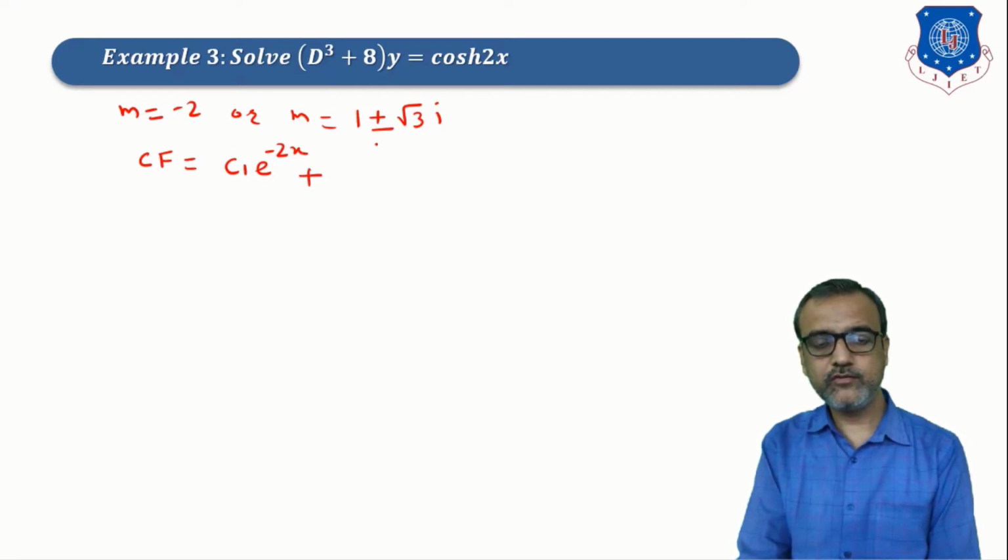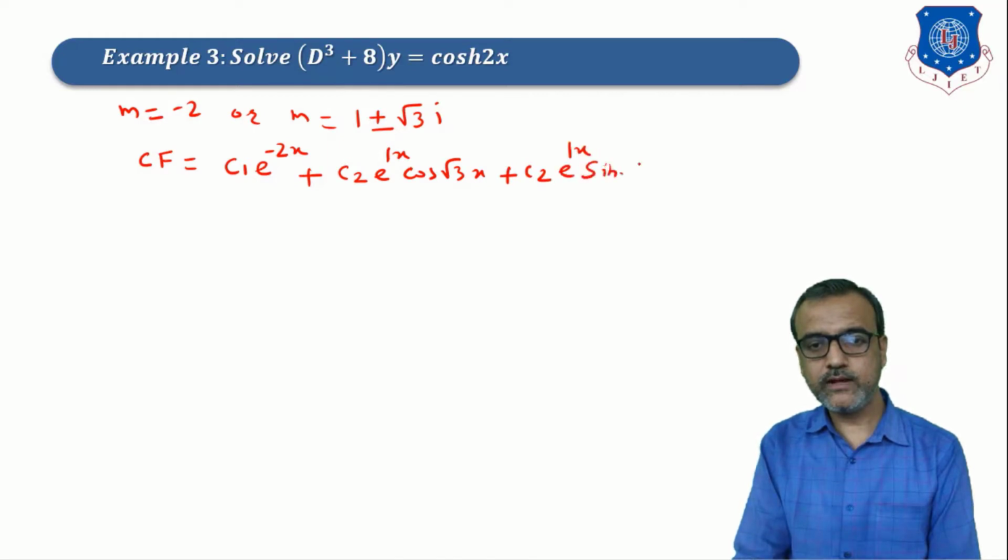Now for m equals 1 plus minus root 3i, we have C2 e raised to 1x cos root 3x plus C3 e raised to 1x sin root 3x. So this is the required CF.